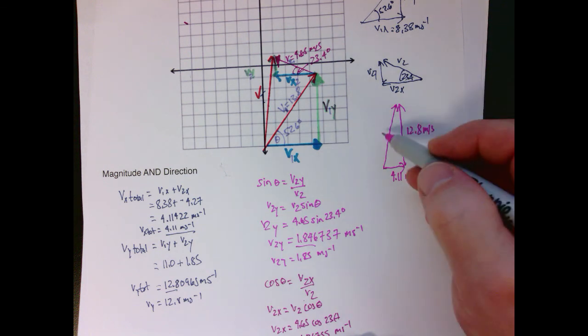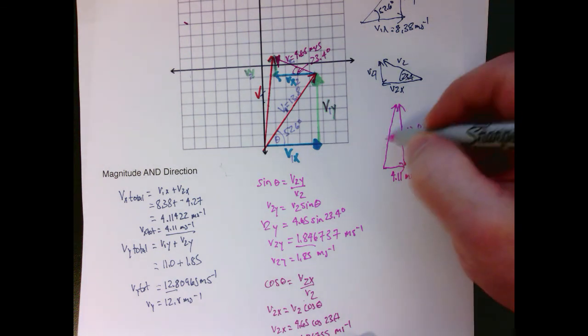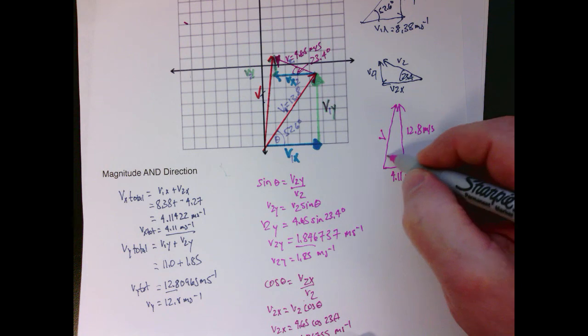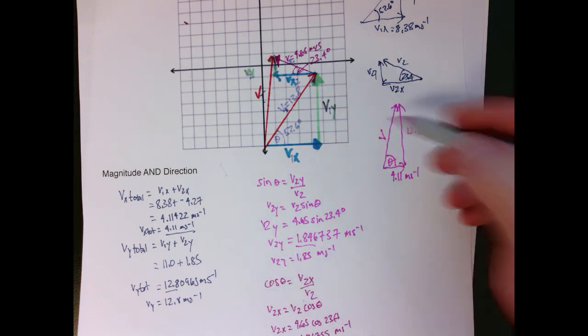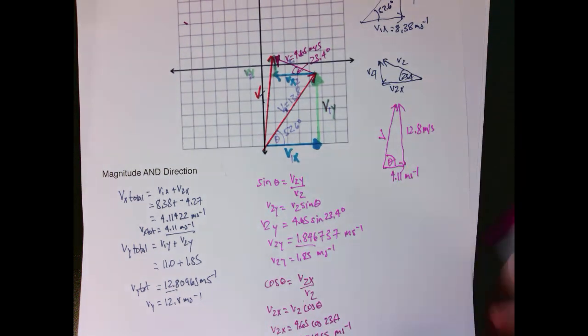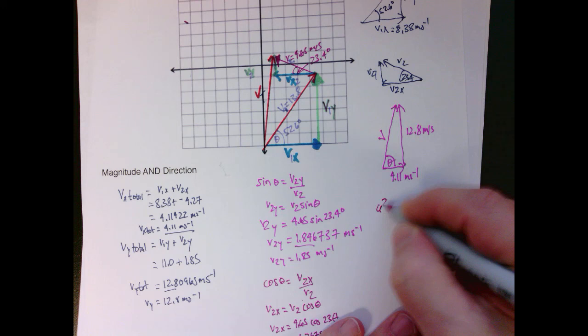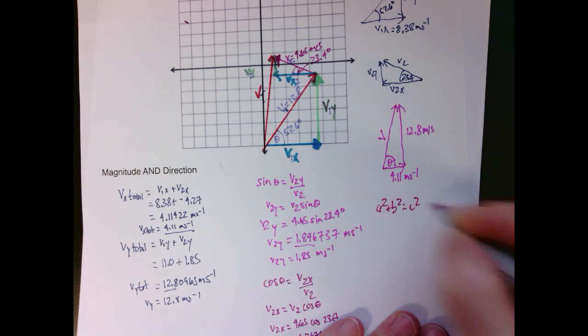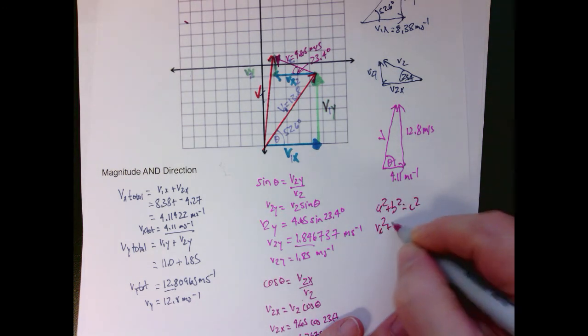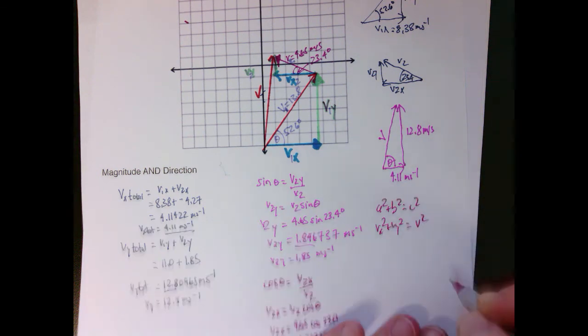So now we need to find the magnitude of v and the angle. Well, we have two sides, so we can use the Pythagorean theorem, as we did previously. A squared plus b squared equals c squared, and that is vx squared plus vy squared equals v squared.